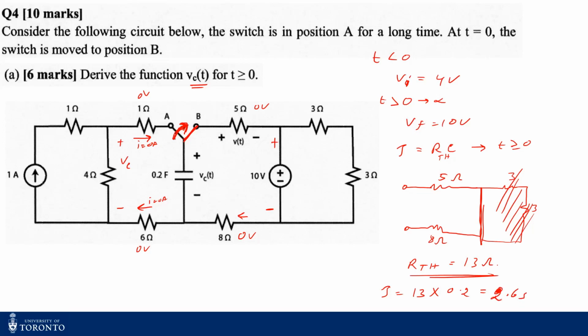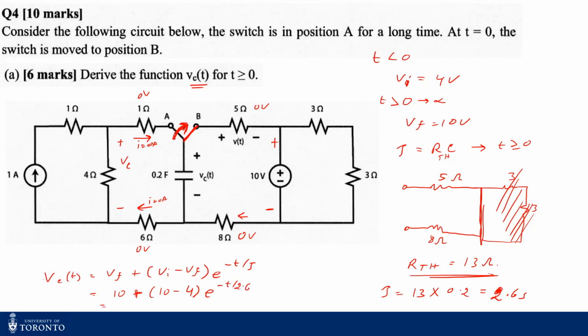So now what's going to be my VCT? VCT is VF plus (VI minus VF) e to the power minus t by tau. So that's like 10 plus (4 minus 10) e to the power minus t by 2.6, right?